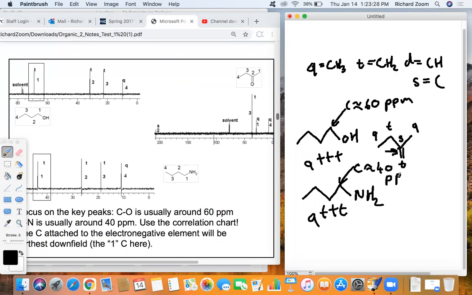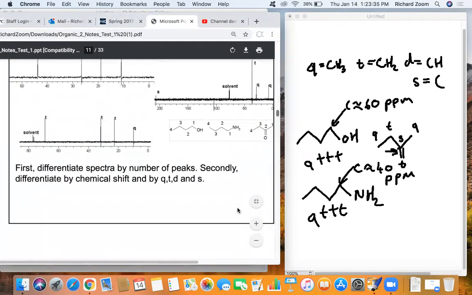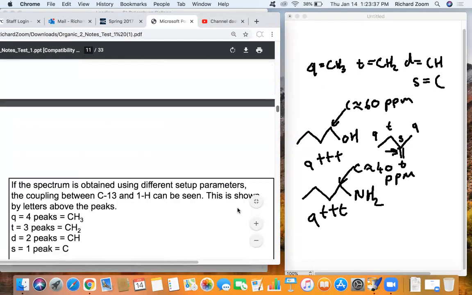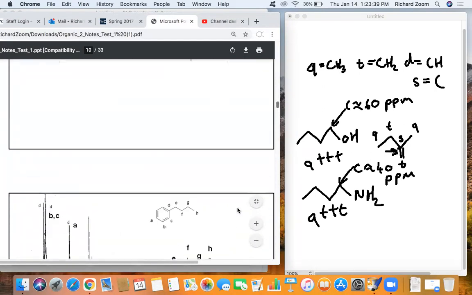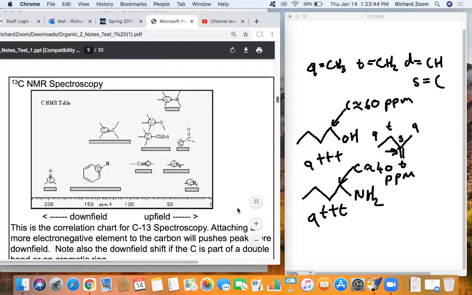Okay, so how do you know that? Well, let's go back to the correlation chart and take a look at it. And you can see here that C's connected to O's are around 60. C's connected to N's are a bit lower, sorry, a higher field, upfield from there. So those are around 40. So CN's around 40, CO's around 60.